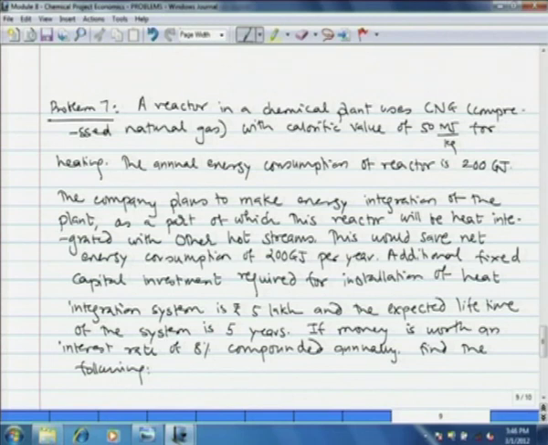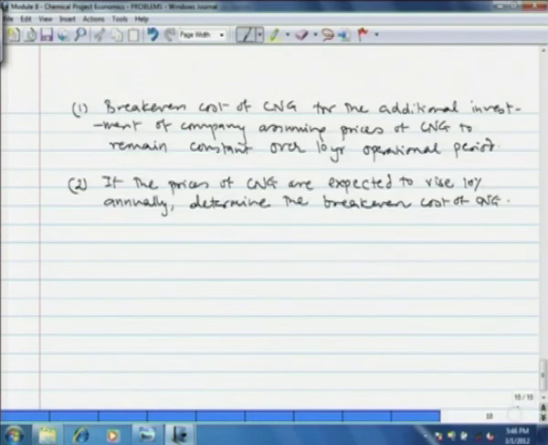If the money is worth an annual interest rate of 8% compounded annually, then we have to find first the break even cost of compressed natural gas for the additional investment of company, assuming prices of CNG to remain constant over the 5-year operational period.